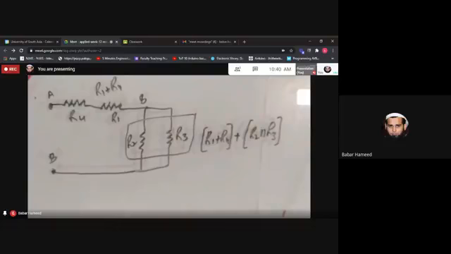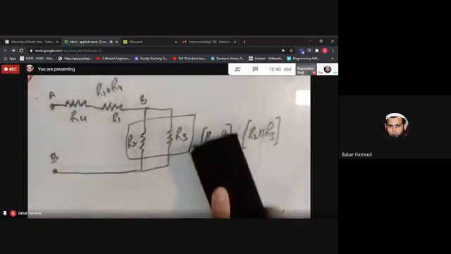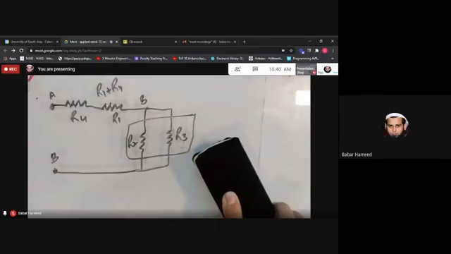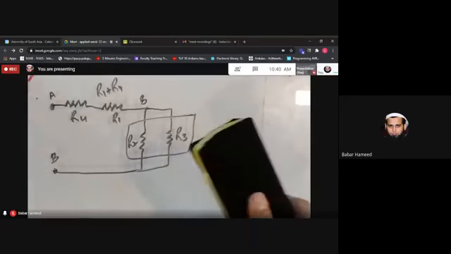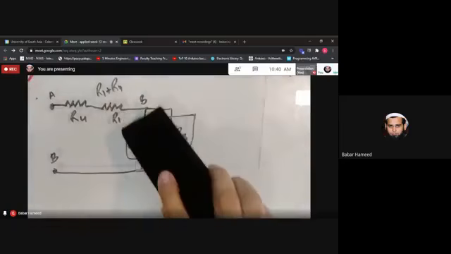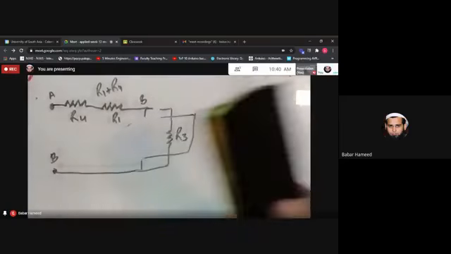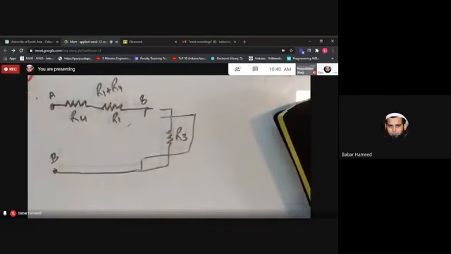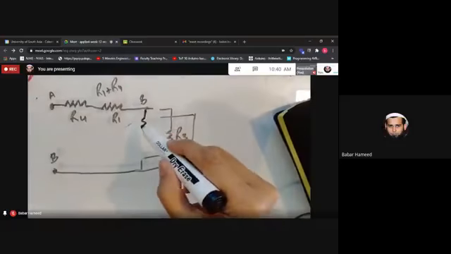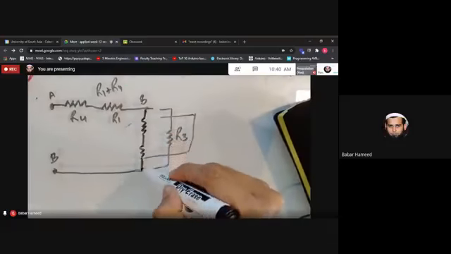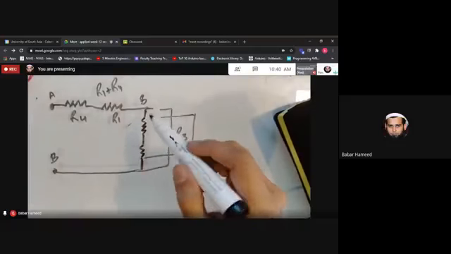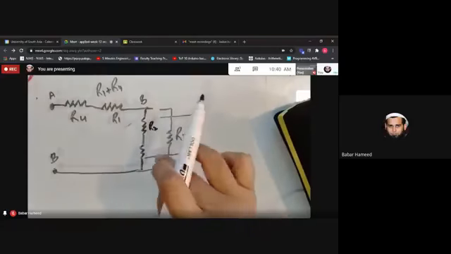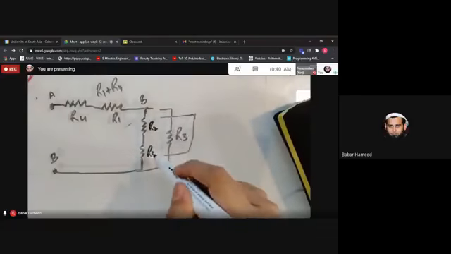Now, I am increasing complexity a little bit more, and I'm just adding one more resistance here. This is R2 and R5.